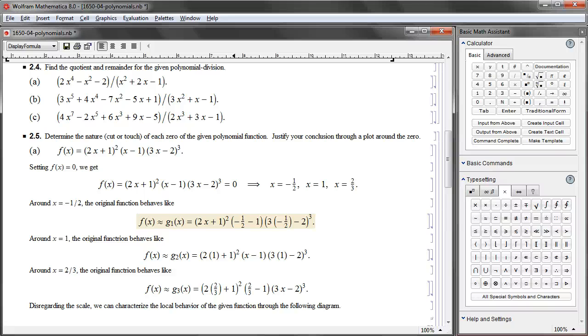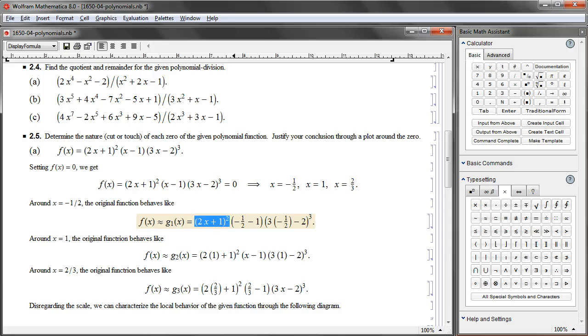Because x is very close to negative 1/2. So when x is close to negative 1/2, replacing x by negative 1/2 will not change too much. That's why we did what we just did.